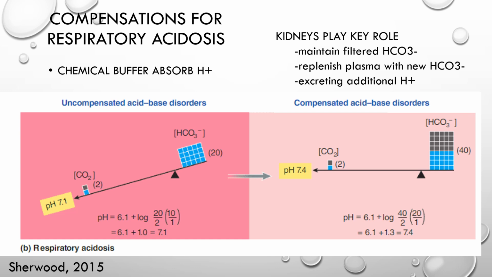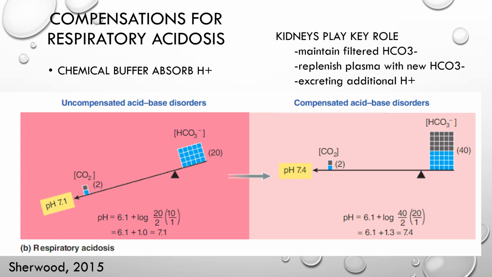Lung disease, drug or disease-induced respiratory center depression, nerve or muscle problems that impair respiratory muscle function, or even simply holding one's breath, all can potentially cause respiratory acidosis.